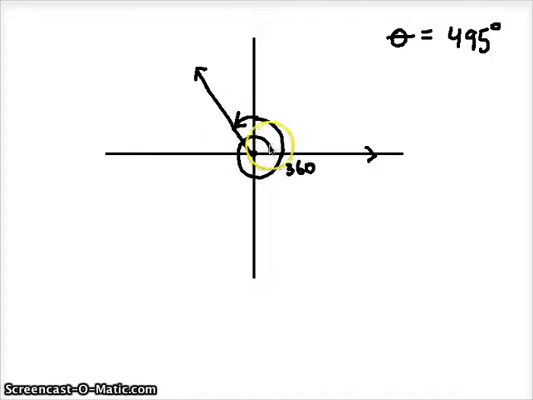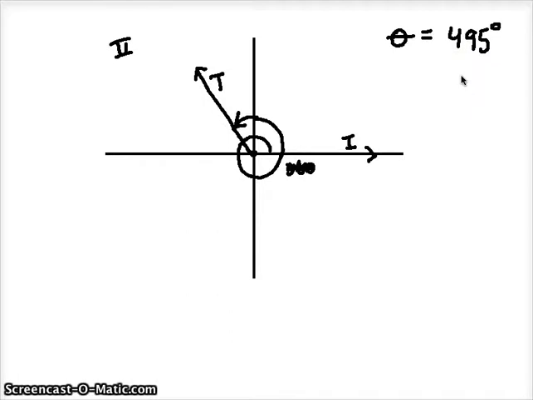It's a positive angle, so we're going counterclockwise. And so our directional arrow is pointed in the right direction. Our initial ray was right there. We ended up at our terminal ray. That's sitting or lying in quadrant 2. And we measured 495 degrees.